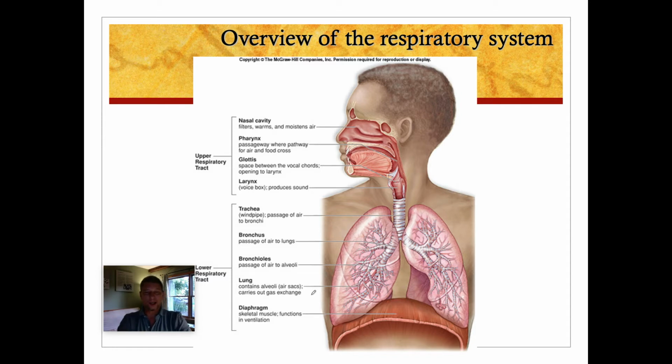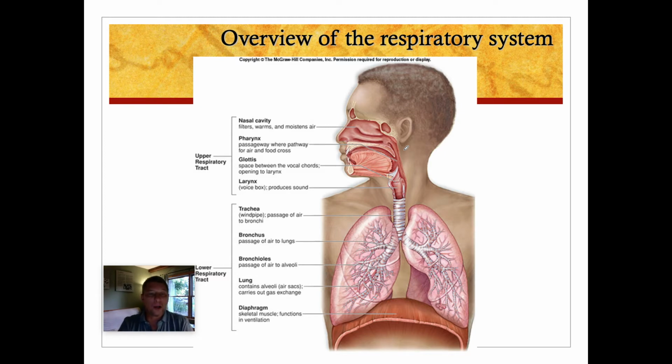So, this is a map, essentially, of what the respiratory system actually looks like. And notice that at least up front, or up top here, the system consists of many of the same parts as the digestive system is composed of. However, we're going to concentrate here on the respiratory system and what its function actually is.